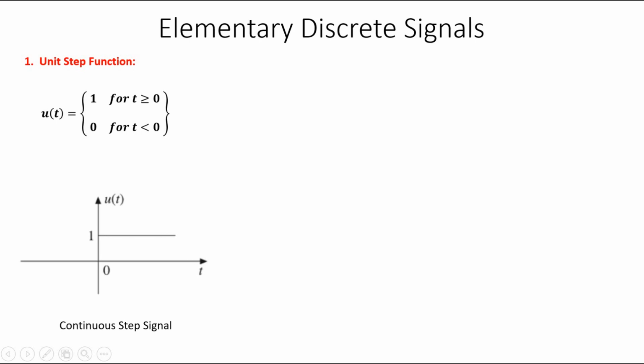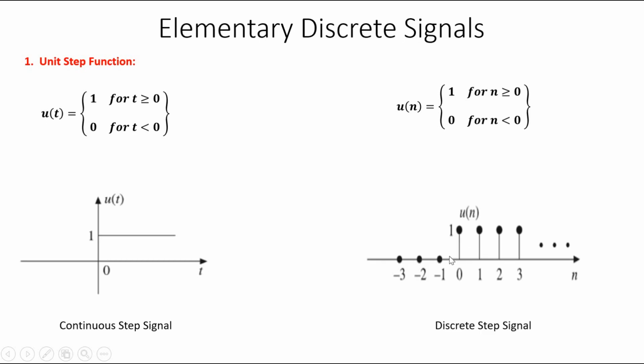But in the discrete case it will have values only at some instants. So u of n is equal to 1 for n greater than or equal to 0. It will occur only at instants 0, 1, 2, 3, and the value is 1. For negative values, minus 1, minus 2, minus 3, etc., it will be 0.